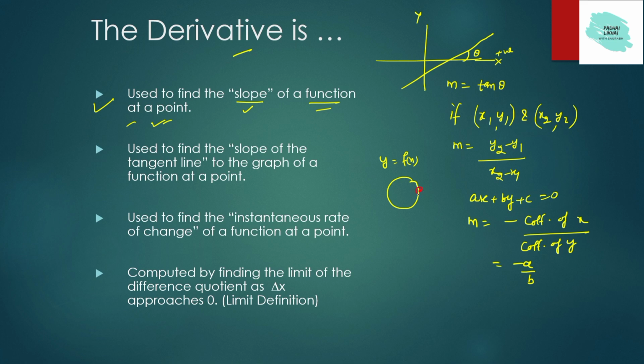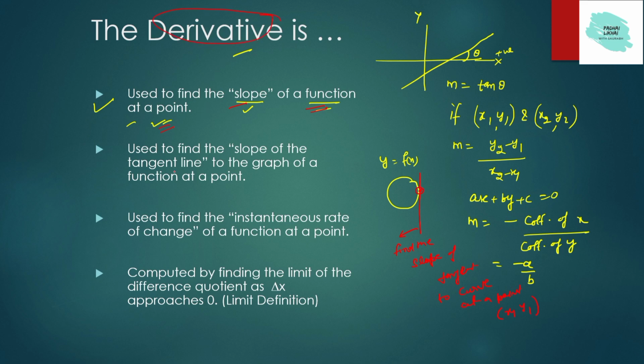If this point is under consideration, we will draw a tangent and find the slope of the tangent to the curve at a point, say (x1, y1). This is how the slope of a function at a point can be obtained by the derivative.